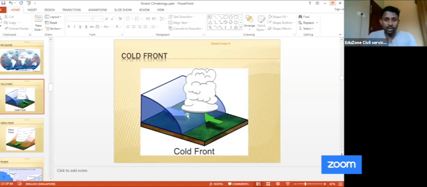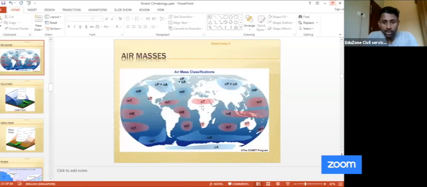Suppose I am considering this air mass, the continental tropical air mass. Now suppose I am talking about the wind pattern in this area. Suppose it is westerlies here, and in the tropical belt, basically easterlies. I am just considering a hypothetical situation. Suppose a westerly wind blows in.